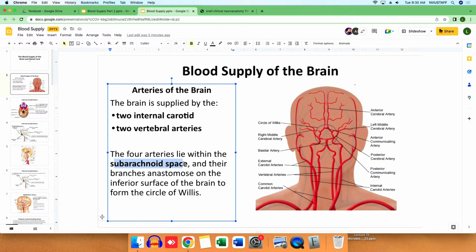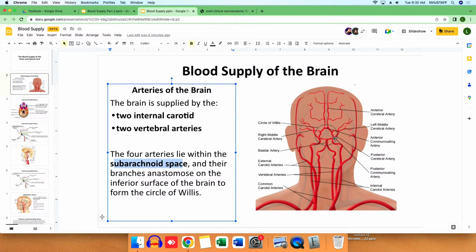As you can see, an important thing, they're making anastomoses. Maybe not directly between the internal carotids and the vertebral arteries, but their branches are producing the connections, the anastomosis, and as a result we have the formation of the circle known as the circle of Willis, as you can see here.